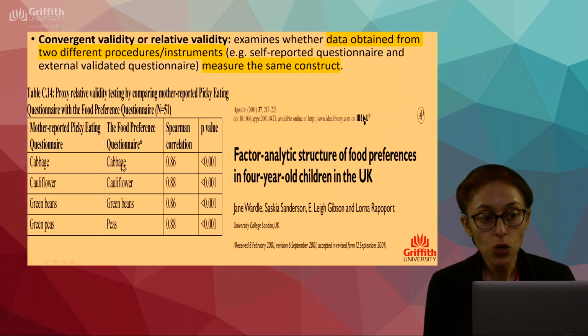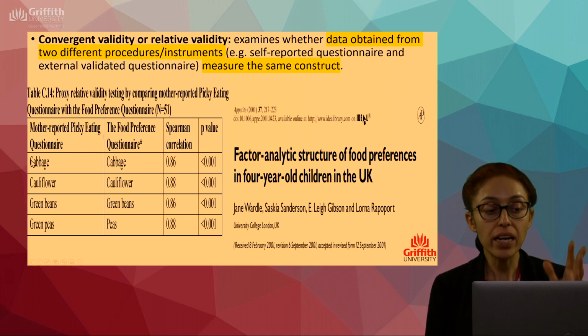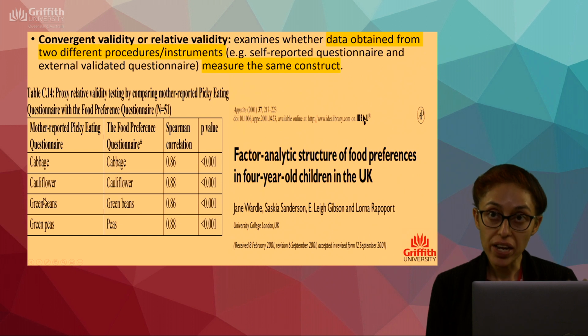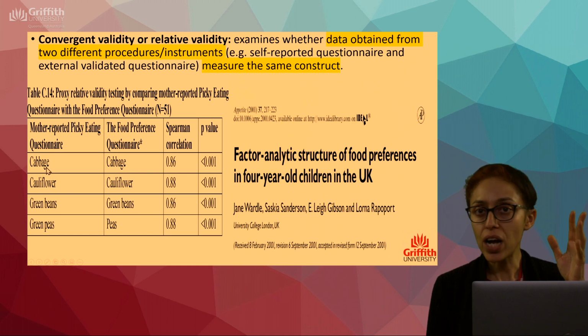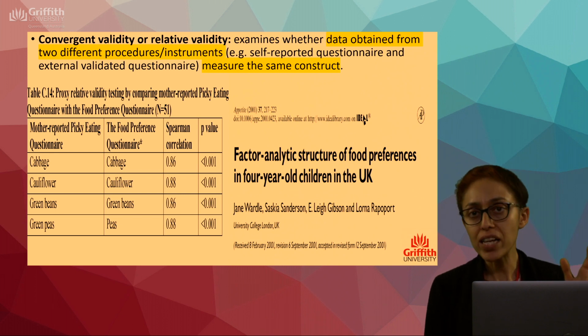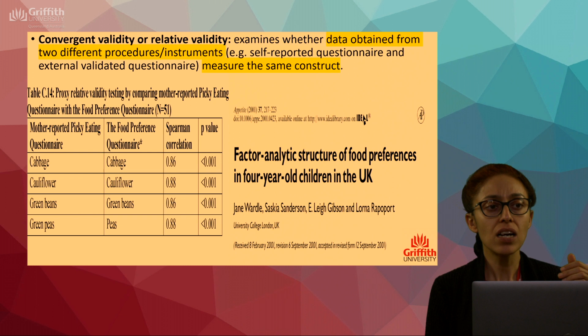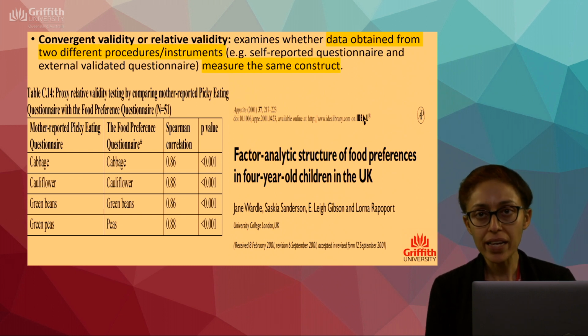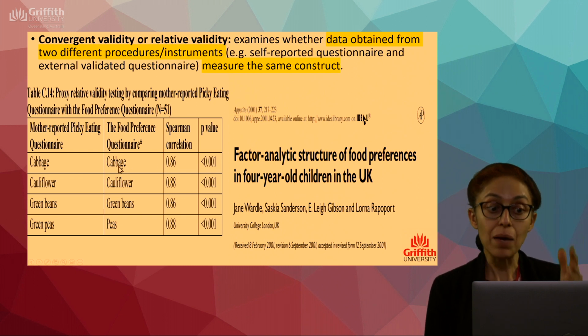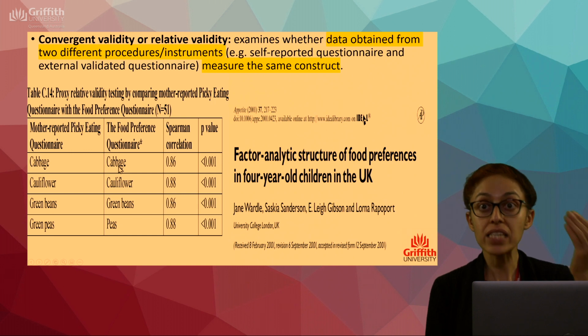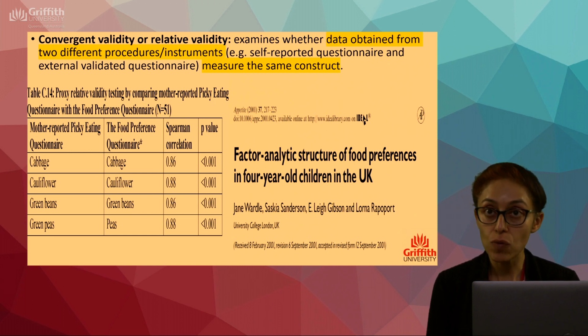So basically what do I want to see? In very simple terms, in my picky eating questionnaire, if the mothers say that their child hates cabbage and he or she does not like cabbage, if my children in my study say, oh, we hate cabbage, we don't like cabbage, well, the same item is also present in the external questionnaire, which is the food preference questionnaire.